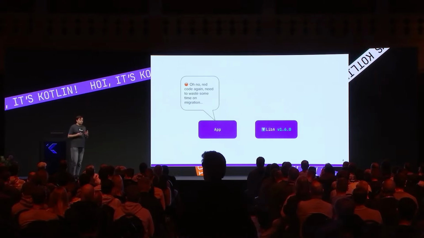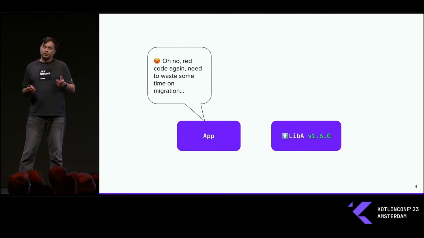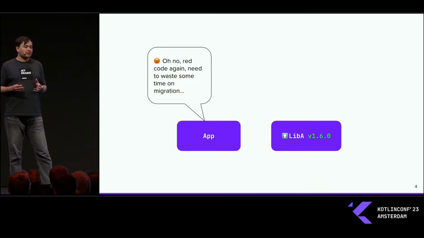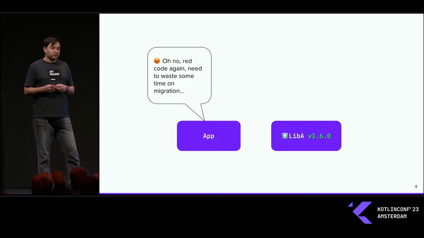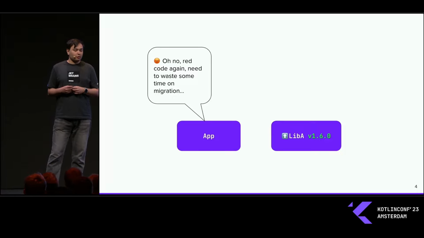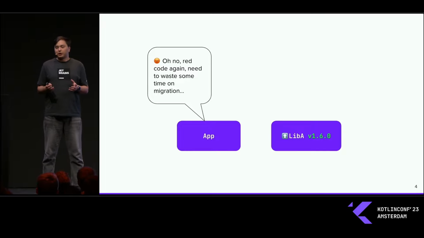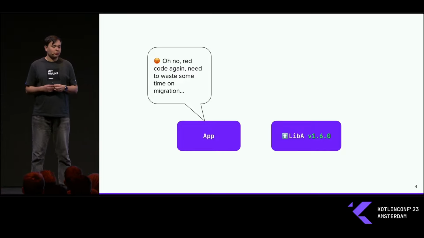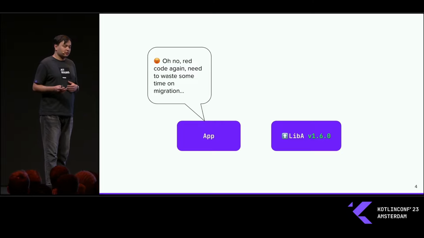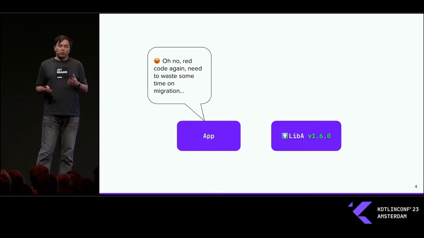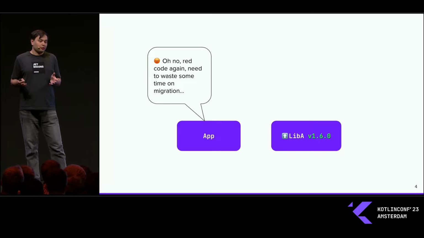What happens if the library author releases a new version, say 1.6, that has some incompatible changes, like they have deleted a method or class or so on? The application developer sees some red code, some unresolved reference, and they need to perform a migration. This is maybe quite time-consuming, but it's nothing out of the ordinary.